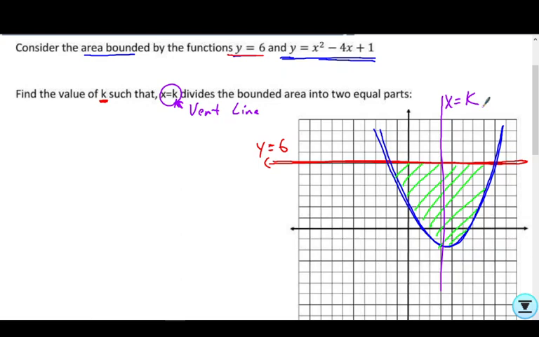As soon as you hear bounded area, you know you're dealing with the integral. We've dealt with basically two concepts all year long: the derivative and the integral. The derivative mainly deals with slope, rate of change, maximums and minimums.